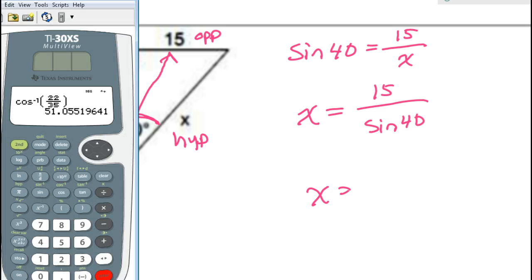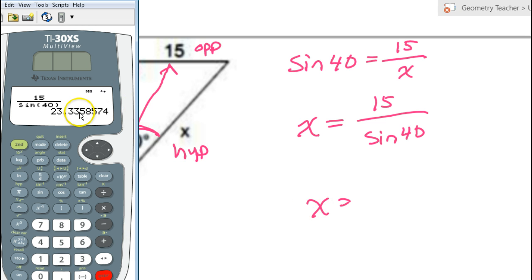Calculator. 23.336. Got to round up because the next number is 5 or higher. 23.336.